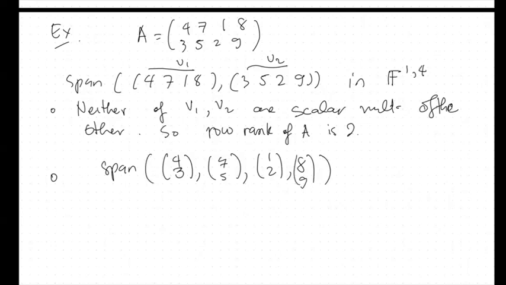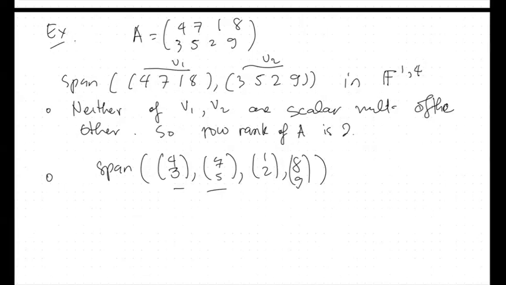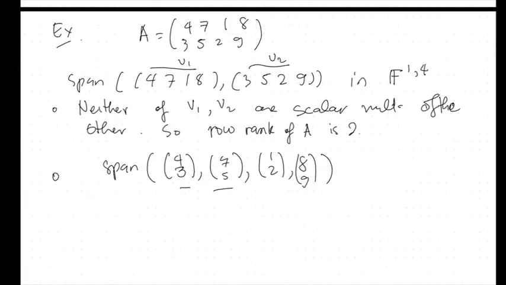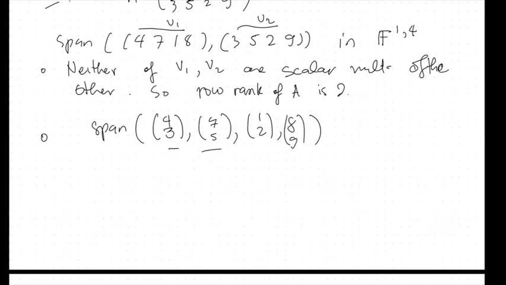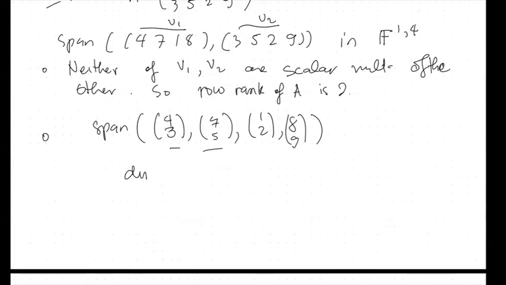Looking at the first two vectors, neither is a scalar multiple of the other, so the dimension of the span of the list is at least 2.